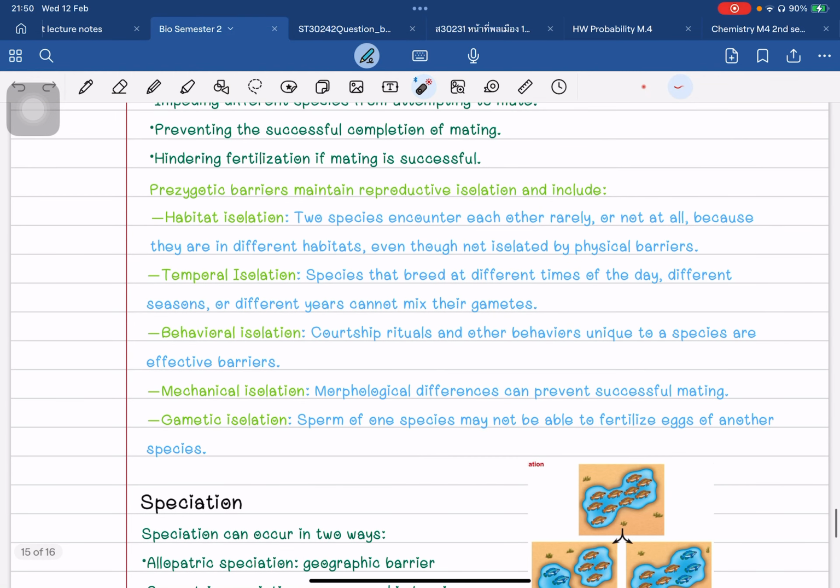Next is behavioral isolation. Courtship rituals and other behaviors unique to the species are effective barriers. Another one is mechanical isolation. Morphological differences can prevent successful mating. The last one is gametic isolation. Sperm of one species may not be able to fertilize the egg of another species.